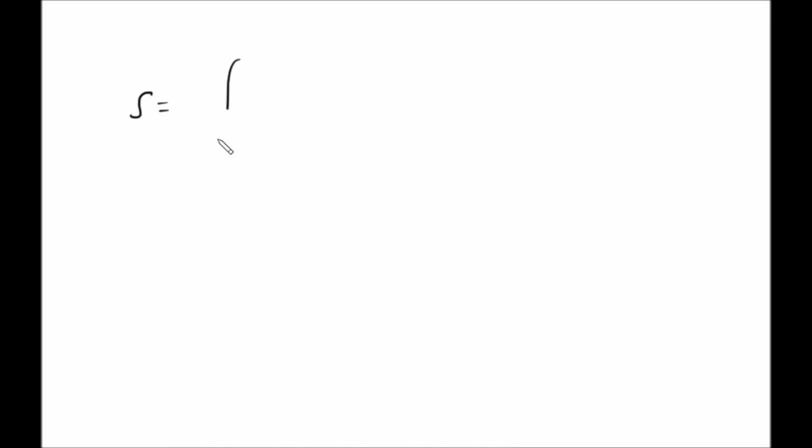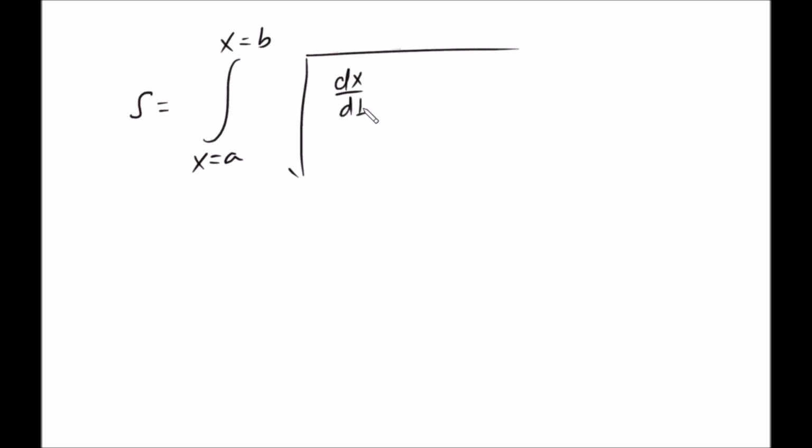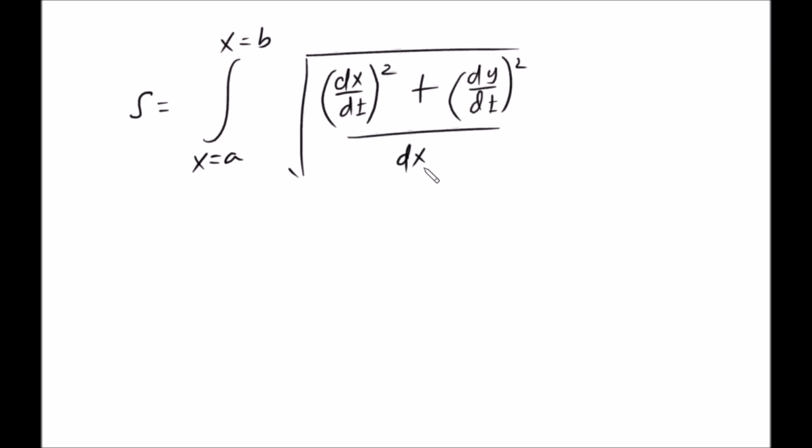Itakuwa s sasa na we integrate from x equals to a mpaka x equals to b the square root, nikichukua ile 1 jumlisha yule, nitapata hapa dx dt squared plus dy dt squared over yote kwa dx dt squared, with respect to x.